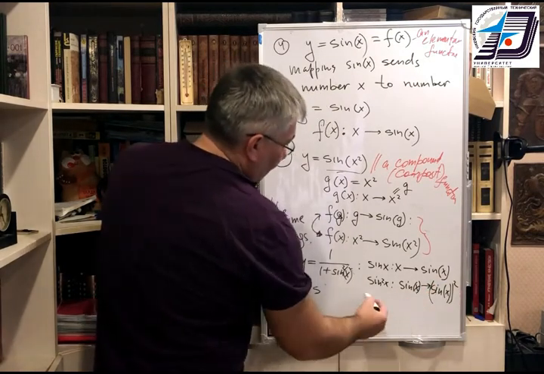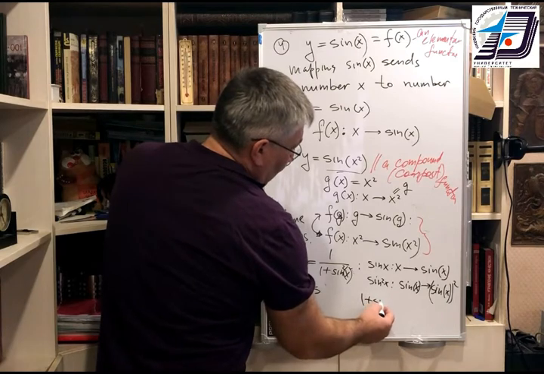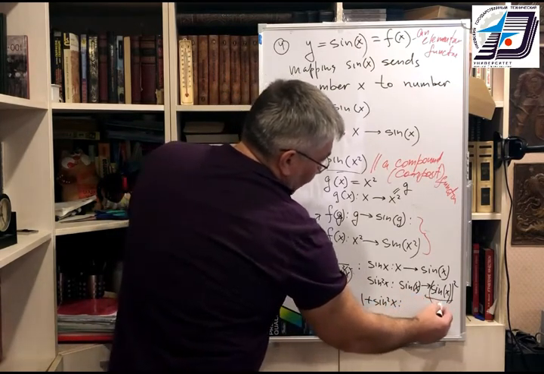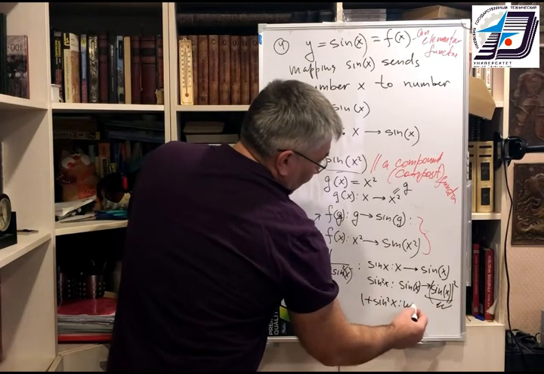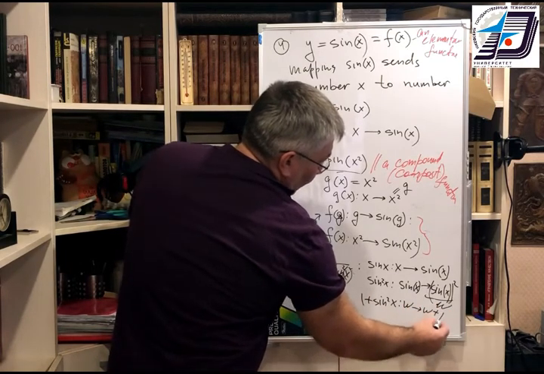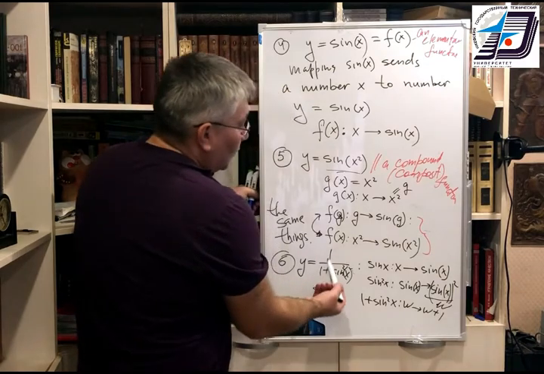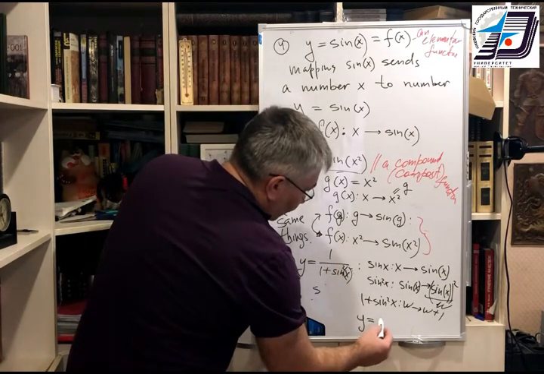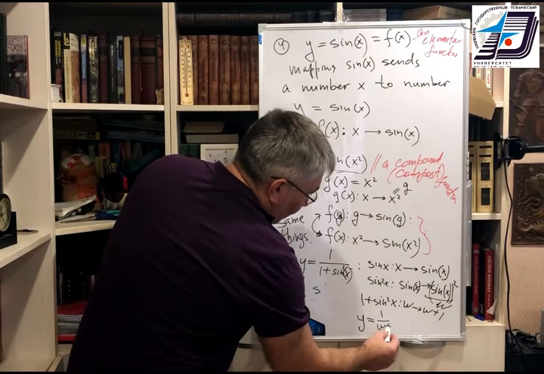And the next operation, 1 plus sine squared x, sends this new value, I denote like w if you don't mind, w into w plus 1. And the last operation is division. So finally y equals 1 over w plus 1.